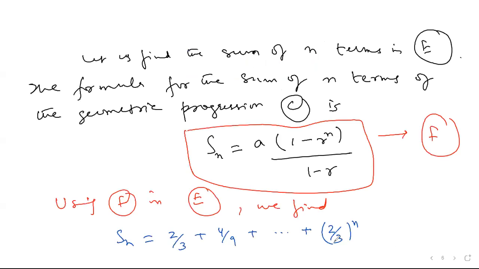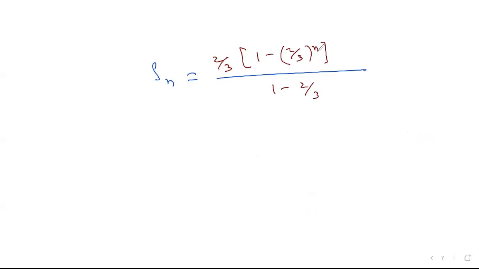Check it. 2 by 3 is A. It is the first term. R is that fixed number, which we can see is 2 by 3. That's 2 by 3 times 1 minus 2 by 3 raised by n, right?